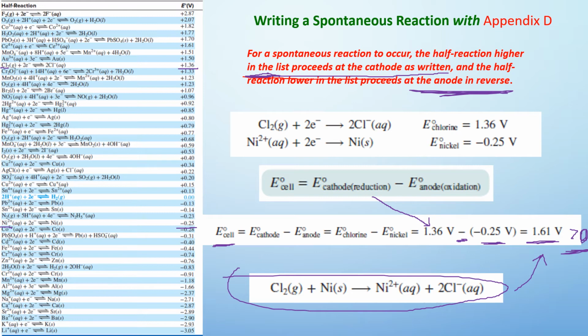So for a voltaic cell, you got the wrong electrodes; you should have switched the electrodes or switched the half cells, so that it can be spontaneous. If I reverse this overall reaction, this standard E cell is going to be equal to -1.61 volts, which is less than 0. So it will no longer be spontaneous.